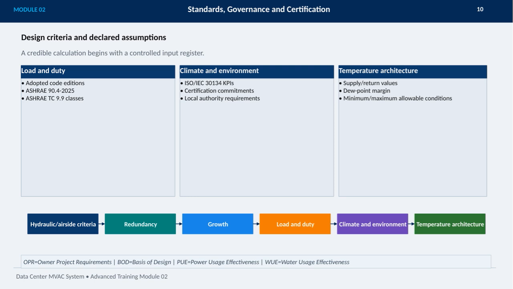Hydraulic and airside criteria must be carefully specified, along with plans for system redundancy and future growth. Throughout, we refer to essential concepts like the owner project requirements, basis of design, as well as key efficiency metrics such as PUE and WUE. This comprehensive approach ensures the system is designed to perform reliably, efficiently, and in compliance with all necessary standards.